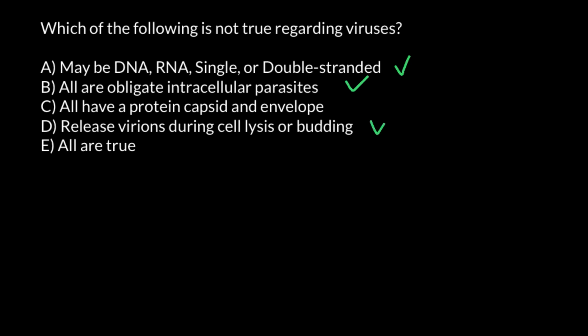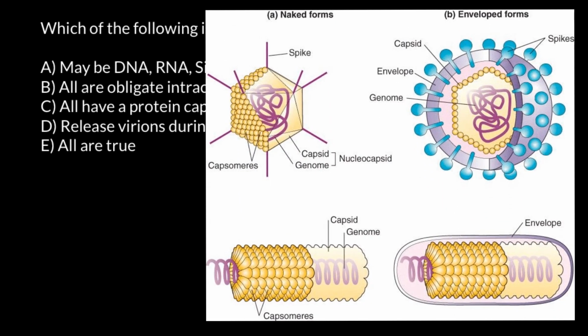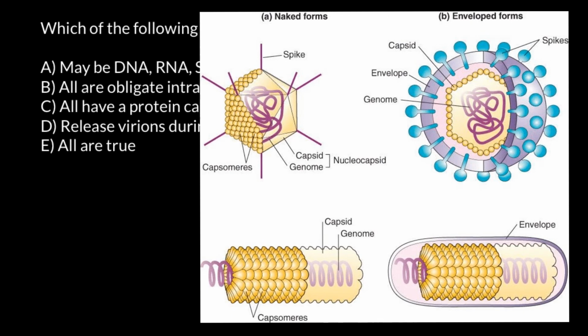Now let's think about answer C, all have protein capsid and envelope. If you take a look at this picture, you would see that viruses can be of different size and shape.